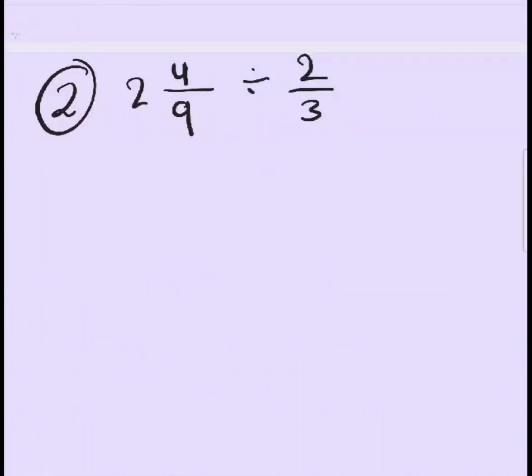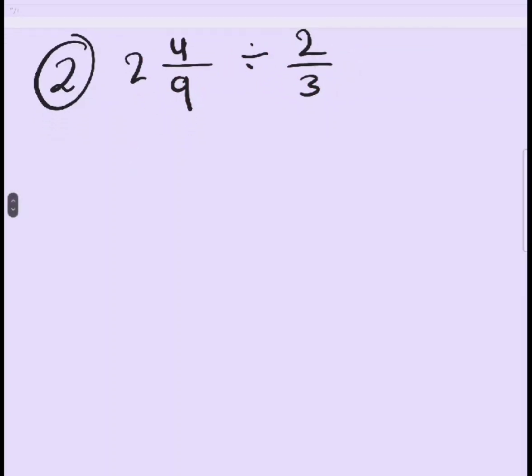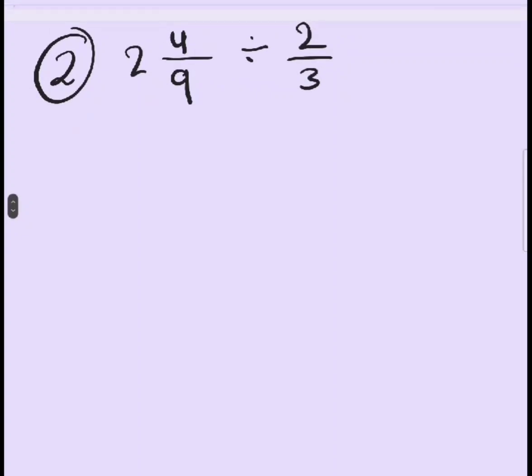Number 2, where we have 2 4/9 divided by 2/3. So first thing, mixed number to improper fraction. So we'll start at the bottom, multiply, and add. So 9 times 2, 18, plus 4, 22. Keep our denominator of 9 the same.